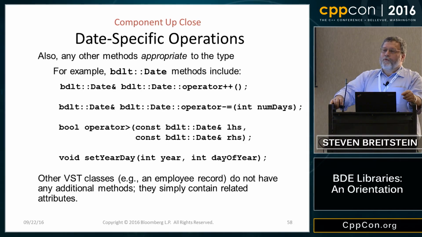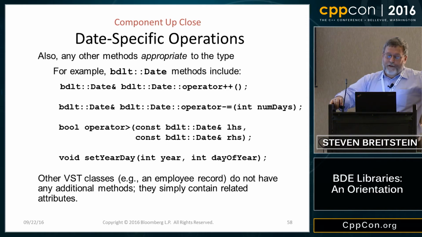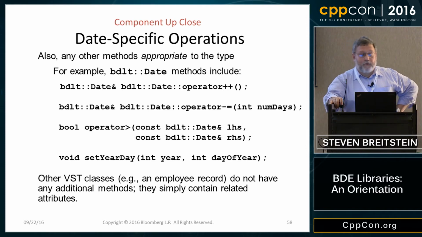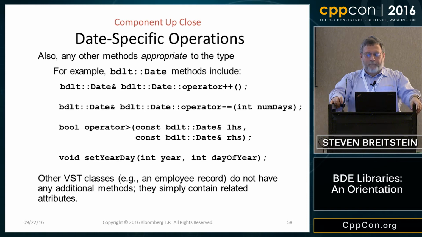All right, so having discussed some of the things about date as a value-semantic type, you can increment the date, you can do fancy arithmetic on the date, you can compare dates, you can set date values. These are things that are specific to dates. There are other value-semantic classes that are not so complicated.